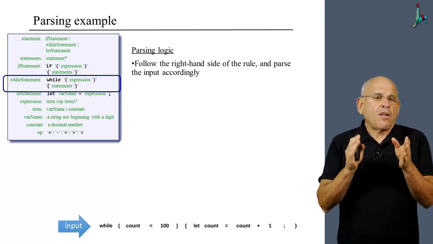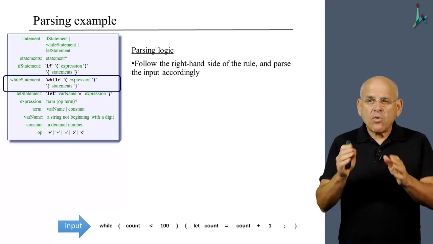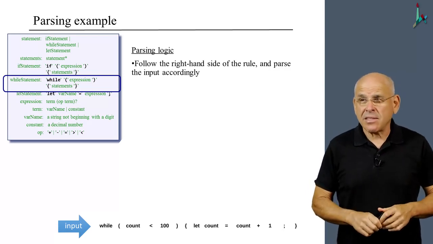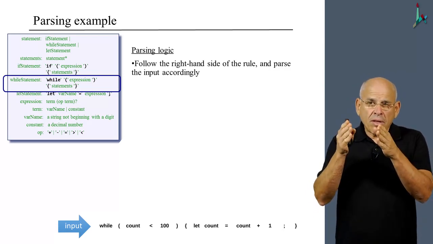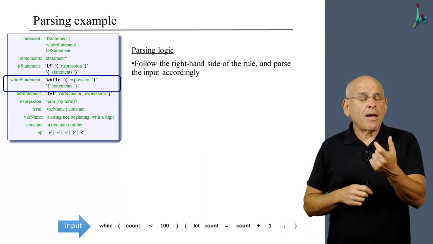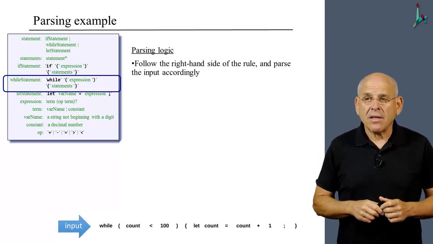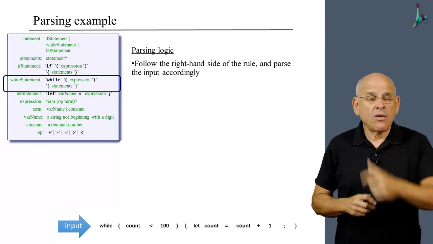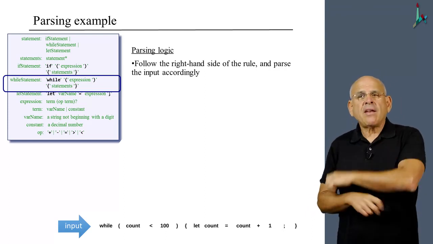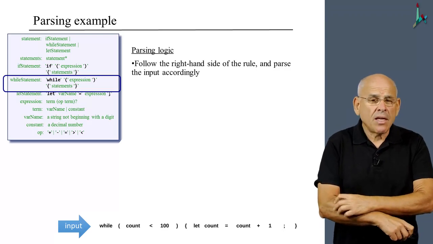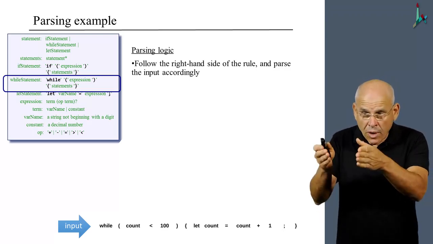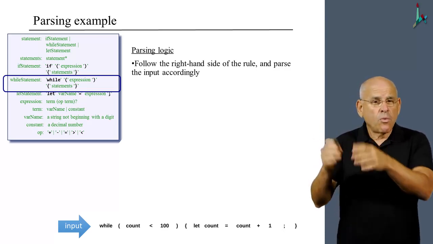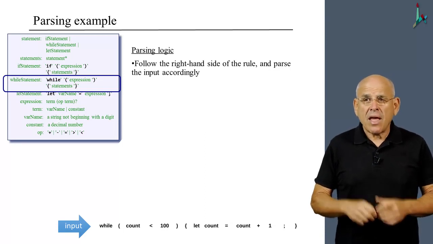We follow the right-hand side of the rule, and we do exactly what the pattern that is documented in the right-hand side dictates. So, for example, if we look at the while statement, it says you should expect to see the word while, or the token while. And if we find it in the input, we record the fact that indeed we found the token while. And then the rule will say the next thing that you should expect to see is the token left parenthesis. So we look at the input and we check, do we really have a left parenthesis? And if we do, we can record it in the output file, and so on and so forth.